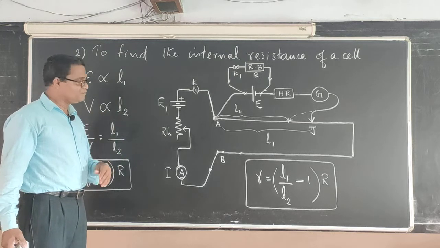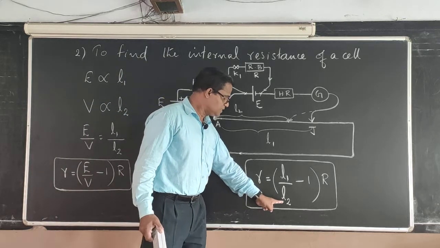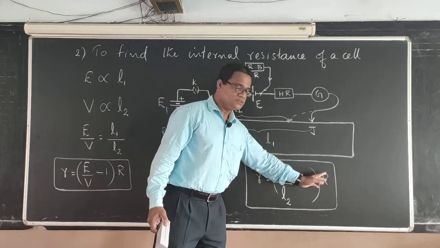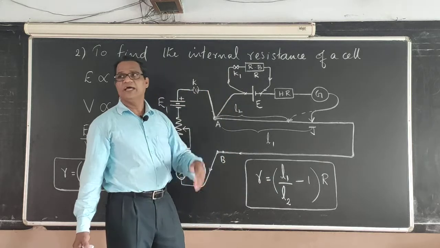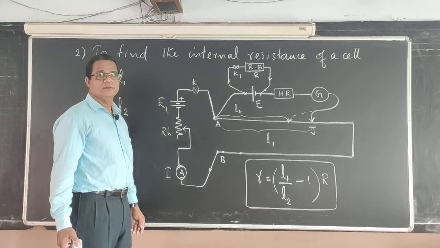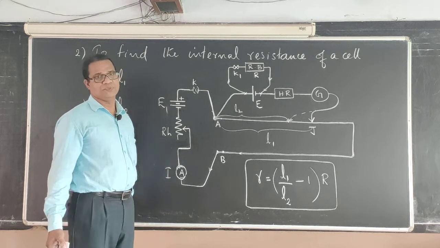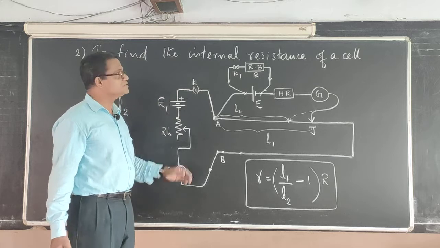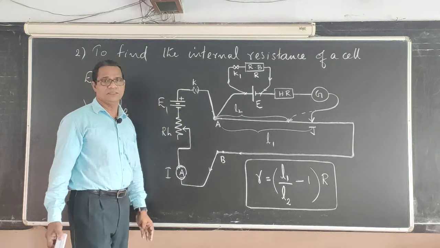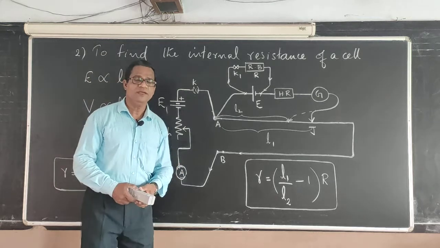So in each case you find the internal resistance with L2 and R changing, and find the average of those. That is another way to repeat the experiment. So this is how we are using a potentiometer to determine the internal resistance of a cell.